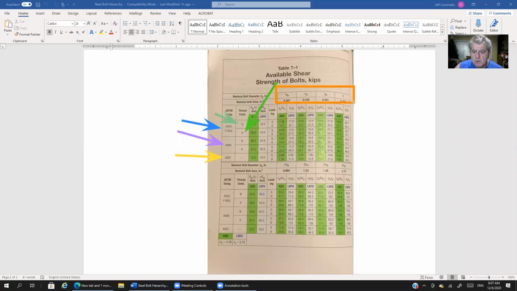Then lastly, let's look at our bolt diameters. Those are written across here. I'm only going to cover those four because they are probably the most common that we would use in practice. Yes, we do have these other bolts available, going from 1 1/8 to 1 1/2, but you don't see those in practice too frequently.